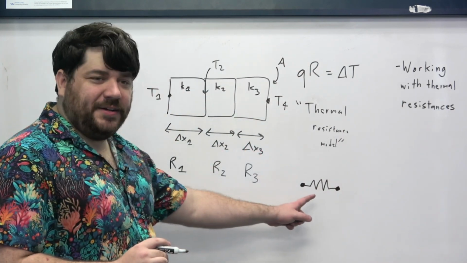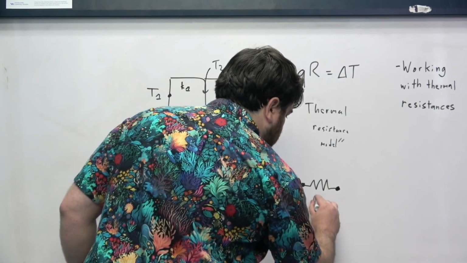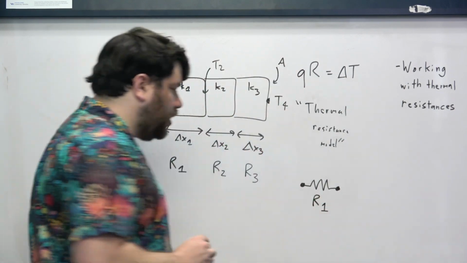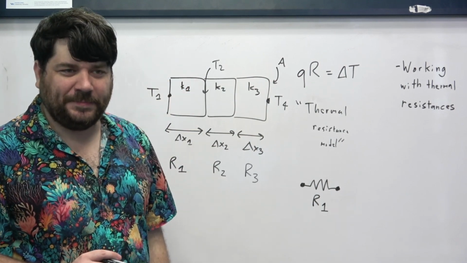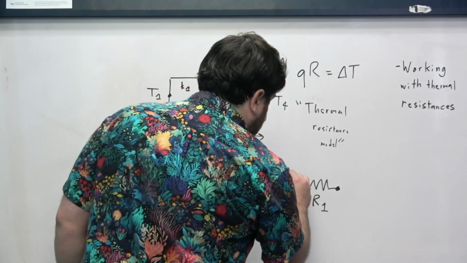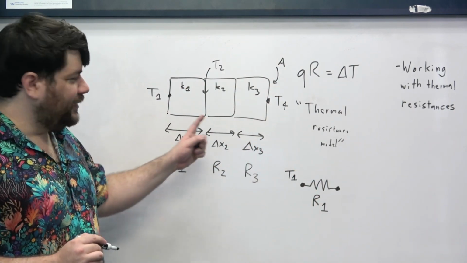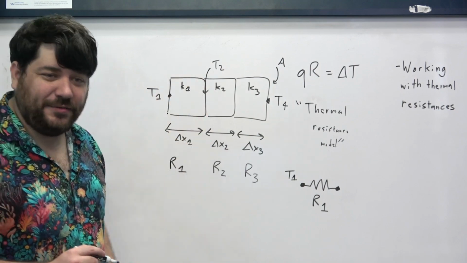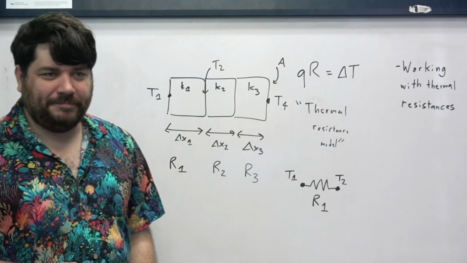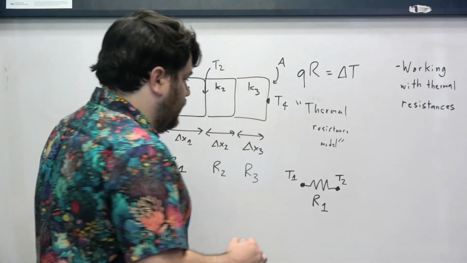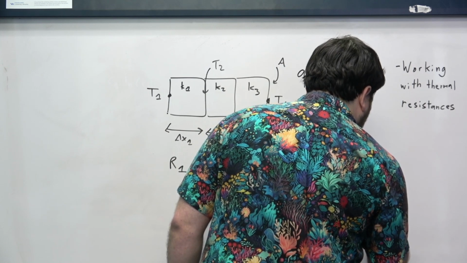So I'm going to draw a resistor with thermal resistance R1 that represents this wall, okay? And I'm going to say that the temperature on one side of this resistor is T1, and the temperature on the other side of the resistor is T2. All right. And I'm going to do the exact same thing for the other two chunks of wall.